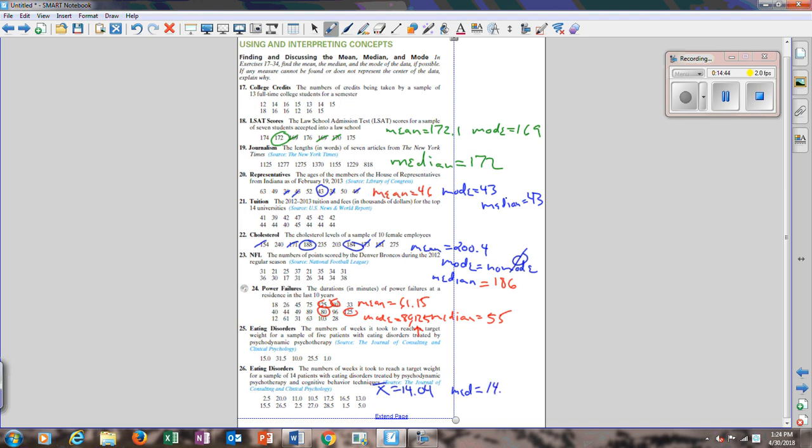Again, this was an even number of patients, so you had to find the two middle values and add them together and divide by 2. And then our mode in this one, I don't believe there is a mode.